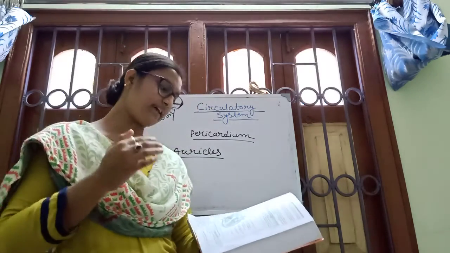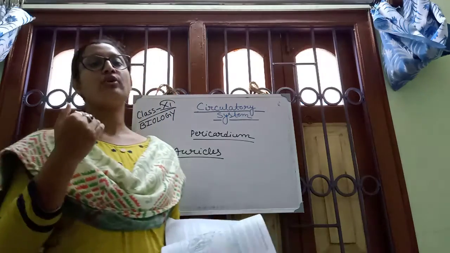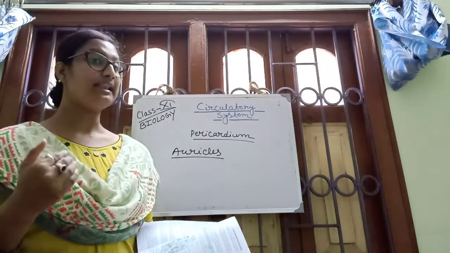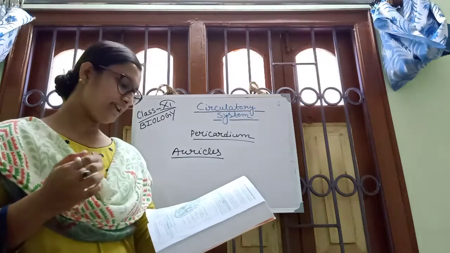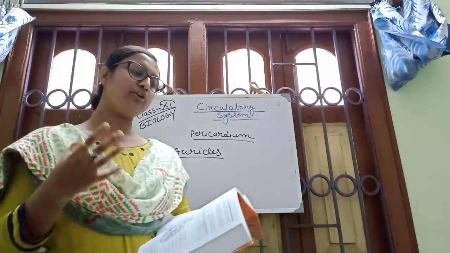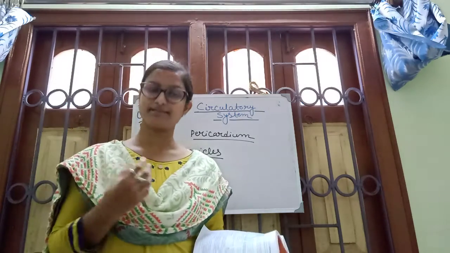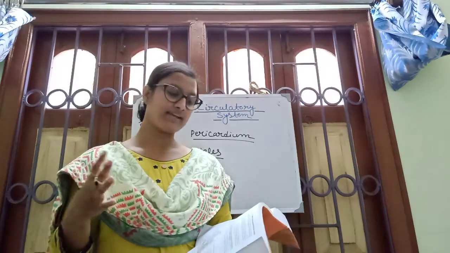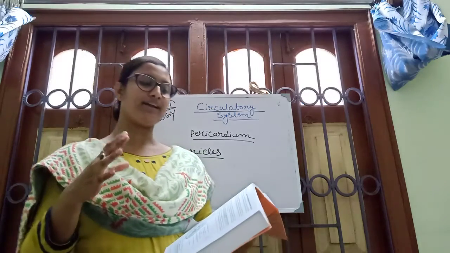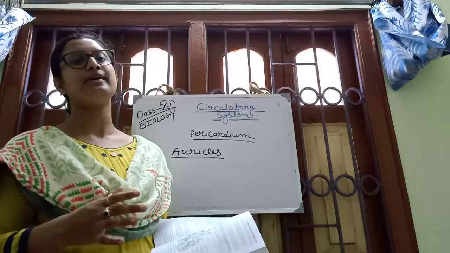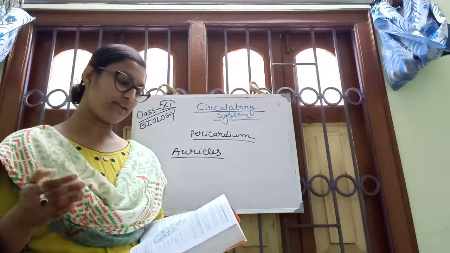There are two auricles, the right auricle and the left auricle, and different types of valves are present. The ventricles are thick-walled chambers separated by the interventricular septum.